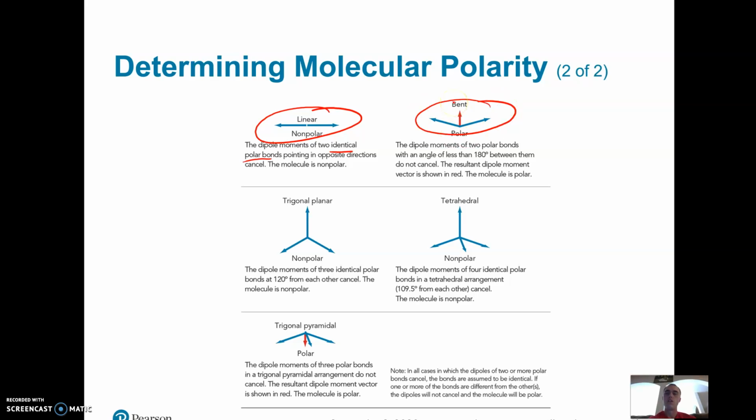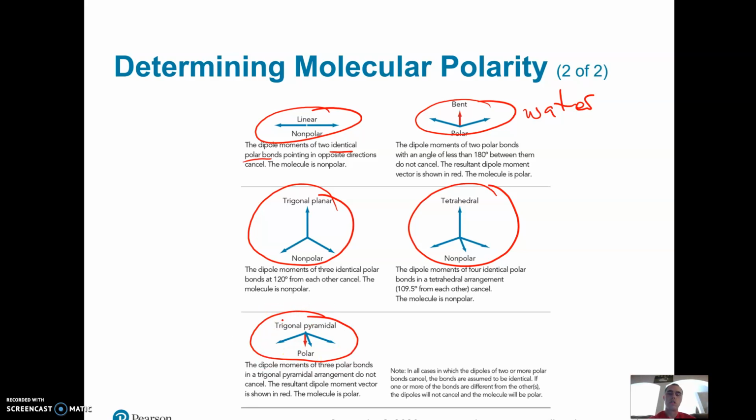Identical polar bonds in a bent molecule, this would be like water, it is polar. Identical polar bonds on a trigonal planar is nonpolar. Identical bonds on tetrahedral, also nonpolar. Identical bonds on trigonal pyramidal, that's going to give you a polar molecule.